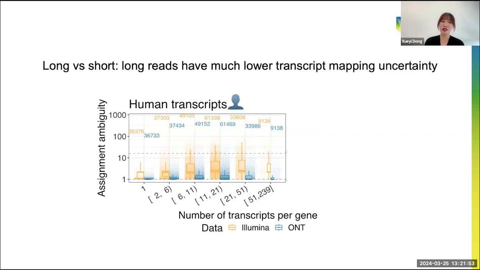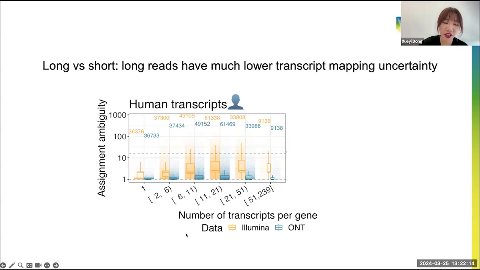So here we tried to quantify the transcriptome mapping uncertainty by using bootstraps when running Salmon, and we use the function called catchSalmon to estimate the over dispersion that is introduced during the transcript assignment.